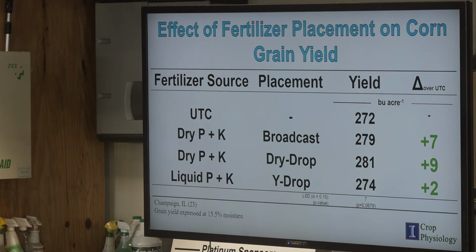It's the biggest increase that we had in the last season. And we think that since the dry fertilizer is slowly being dissolved by the water and slowly released for the plants, the plant is fed the whole season. So because of that, we have the highest increase in yield in the end.